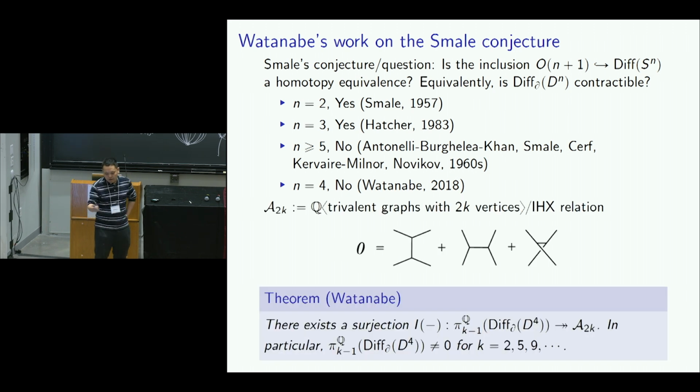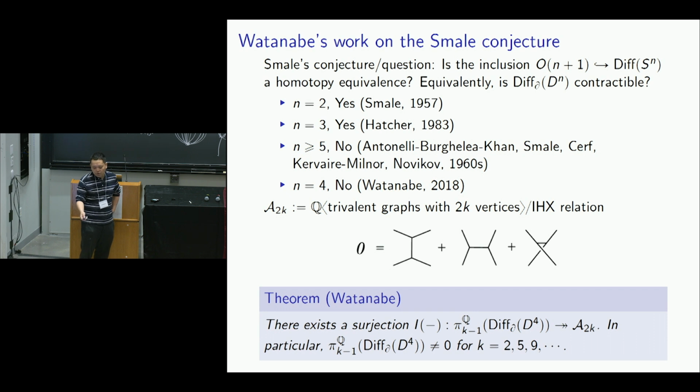Okay, so first let me define an object A_2k. It's a vector space over Q generated by trivalent graphs with 2k vertices, really isomorphism classes of trivalent graphs, modded out by the so-called IHX relation.